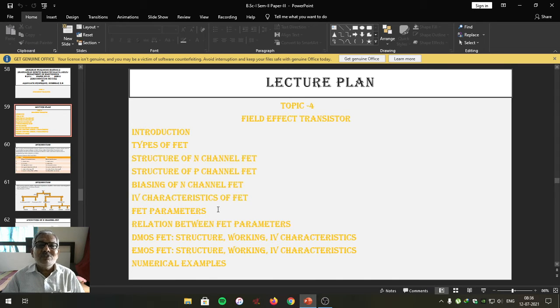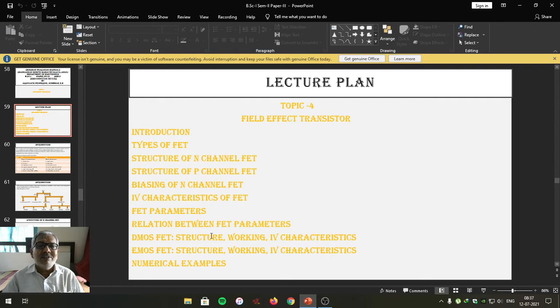After that, we are going to cover FET parameters. What are the different parameters associated with the field effect transistor? Then we are going to study the relation between FET parameters, how these defined FET parameters are related with each other. All these are the aspects of the junction FET.